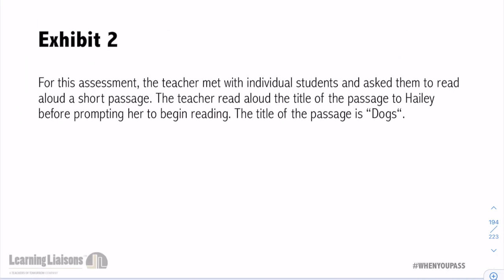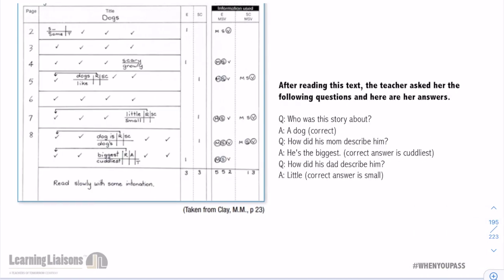For this assessment, the teacher met with individual students and asked them to read aloud a short passage. The teacher read aloud the title of the passage to Haley before prompting her to begin reading. The title of the passage is Dogs. All right, so we have a running record here. It says, after reading this text, the teacher asked her the following questions, and here are her answers.